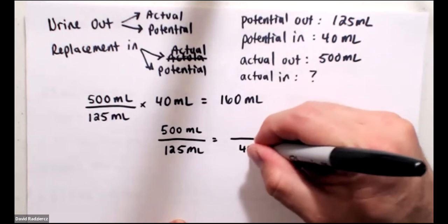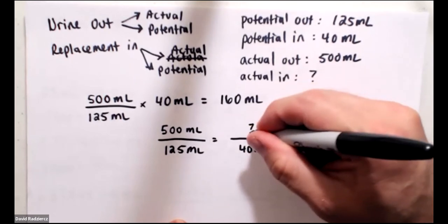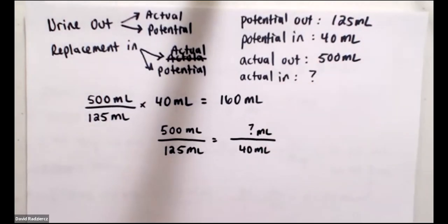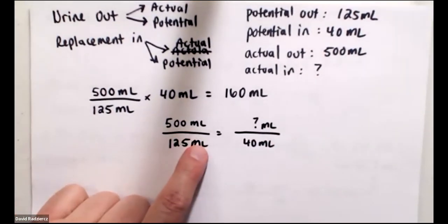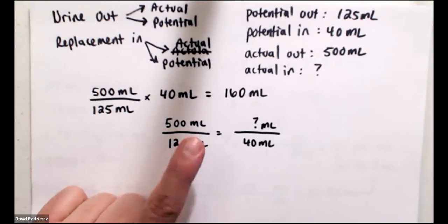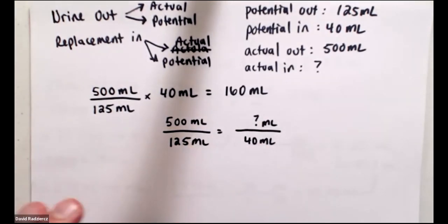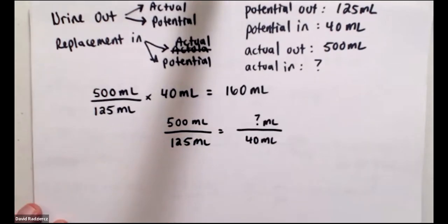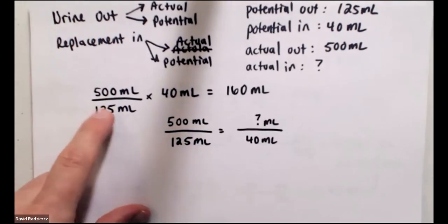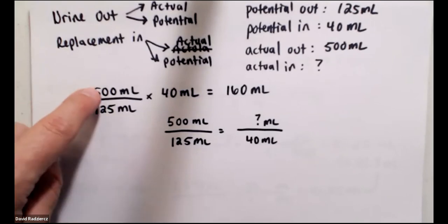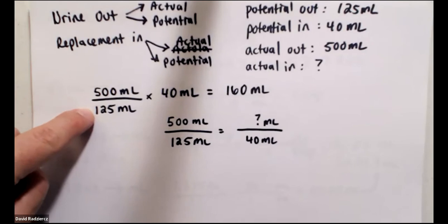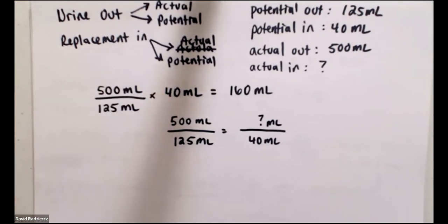So 40 milliliters would go down here, and then this is what I'm looking for. How many milliliters is the replacement volume? Now, if you're looking at this and getting flashbacks of algebra, and you don't want to do this because there's cross multiplication, or you can even call this number X, and if you don't like that, that's fine. That's why I wrote it out like this, because as long as you know to keep the actual output over the original output times the replacement volume, you should be good to go.